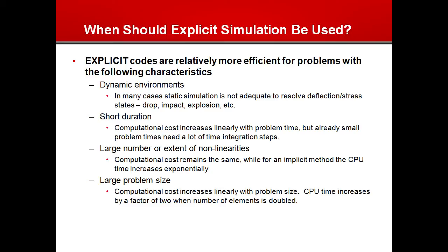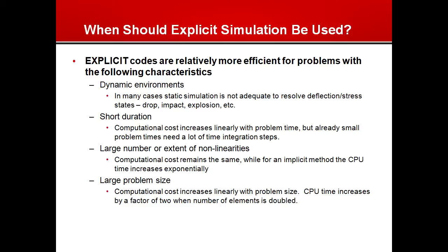As you get longer and longer, it may not be all that practical because each one of those takes a lot of calculations. Implicit dynamic simulation in that situation may be more appropriate. But there are a lot of situations, exactly what we're talking about here, short duration dynamic events, that make it very appropriate for explicit dynamic simulation.